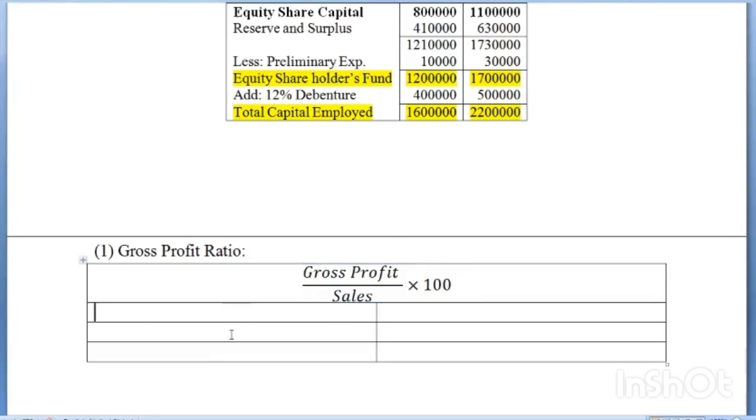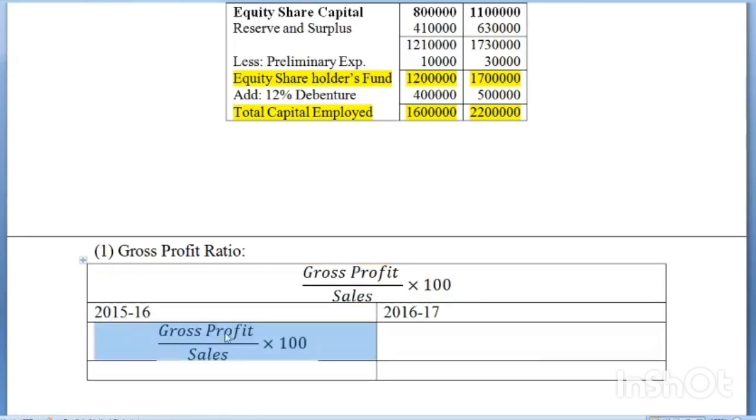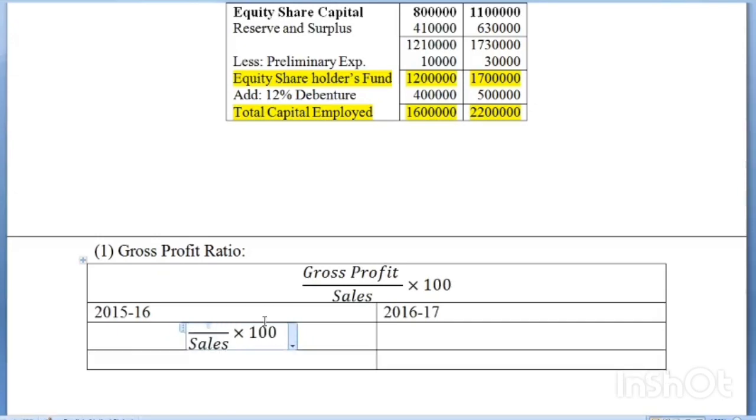Now we have 2 years, 2015-16 and 2016-17. For these 2 years, we need to calculate the gross profit ratio. So put the values in the formula. What is gross profit in the first year and what is sales?